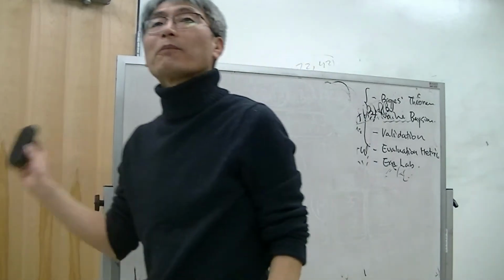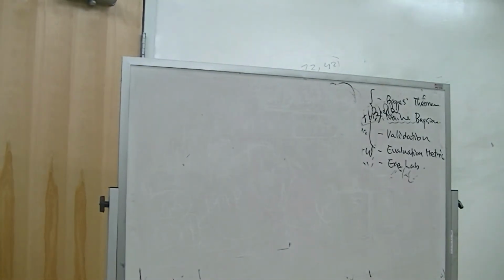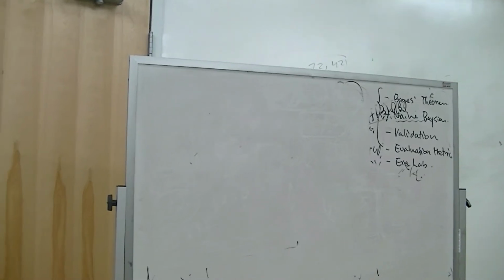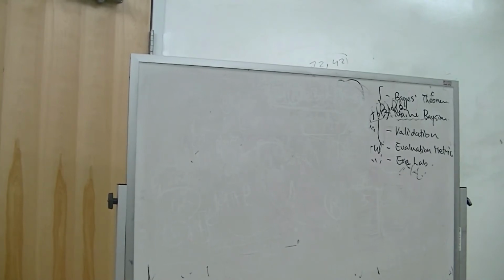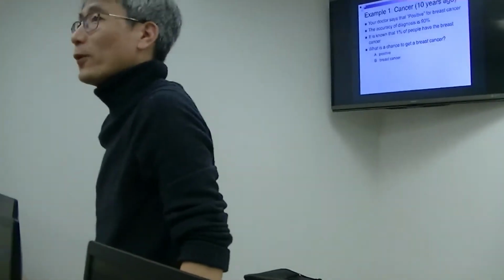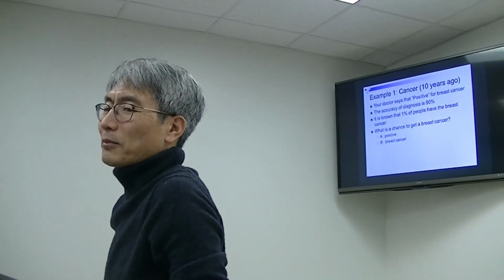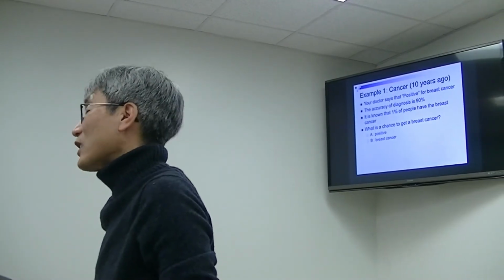This is the most popular example when we learn the Bayes theorem and the derivation. So, in United States, I'm not sure, but in my hometown, over 40 years old, one of the main social problems in United States, I believe, is insurance.